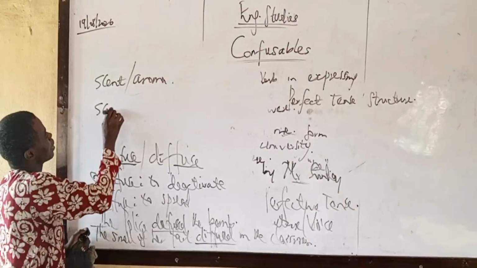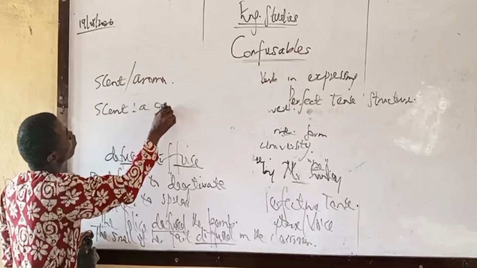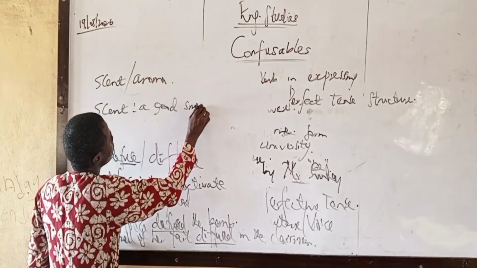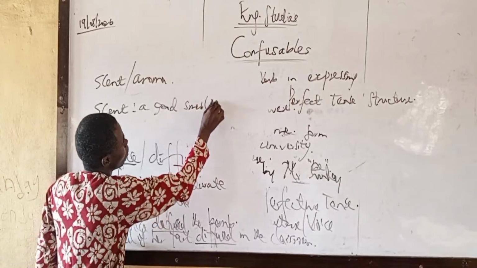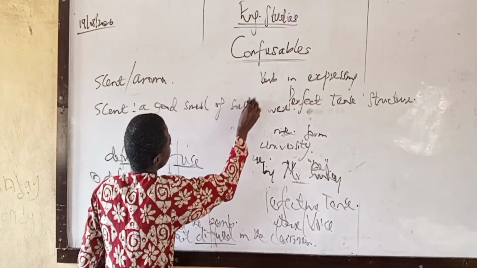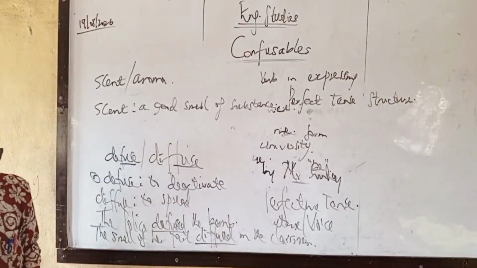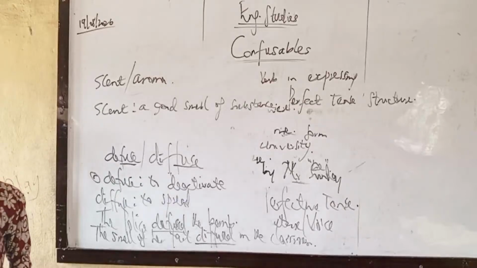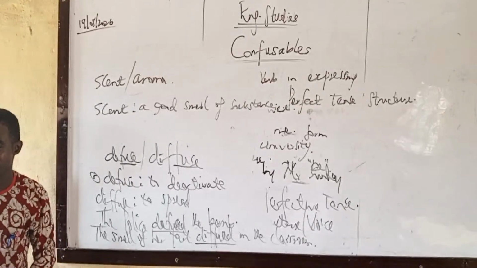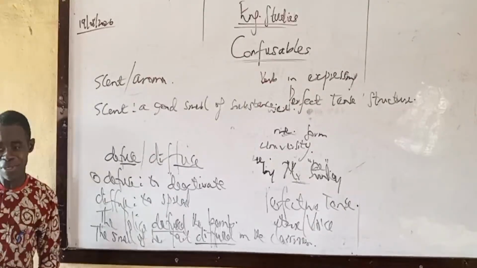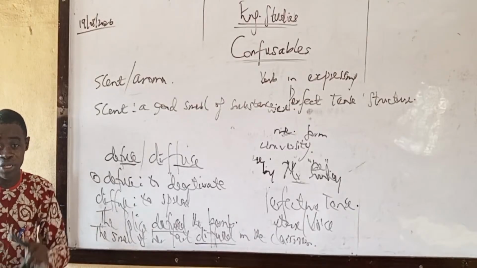Let's go. Scent: a good smell or substance. Good smell. Class, what's the opposite of good smell? Bad smell. No, don't say bad smell.